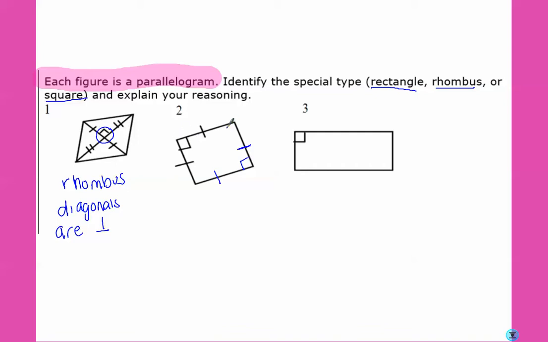So if this one's 90, this one also has to be a 90, and its opposite angle has to be congruent. Well, which shape has 4 right angles and 4 congruent sides? That's the square. All angles and sides are congruent.